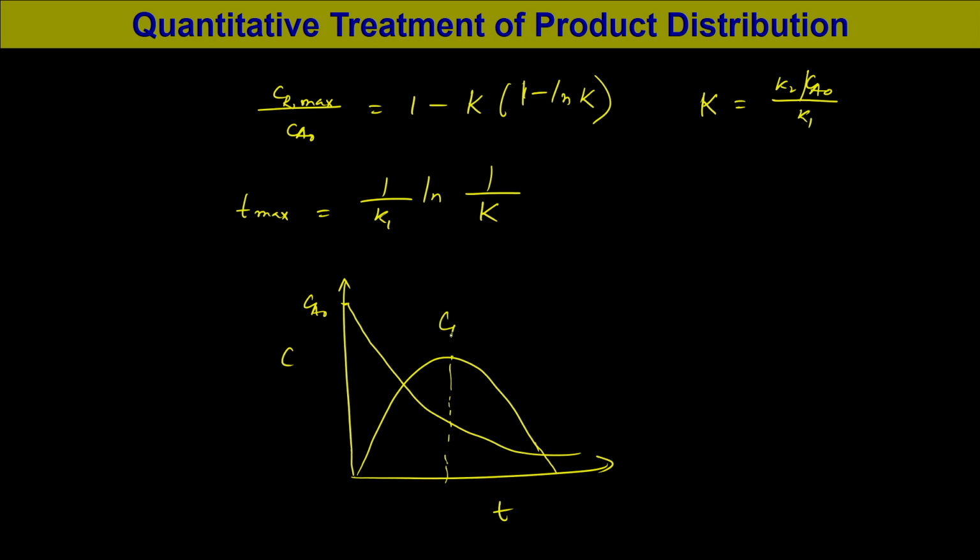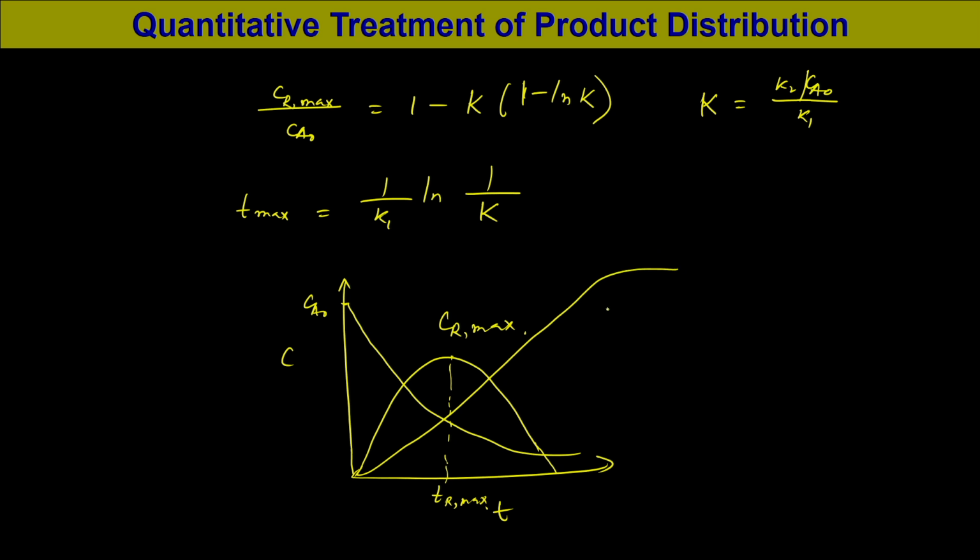This is CR max, and this is the T R max. Then the concentration of S, which is a zero order reaction, will vary like this and become constant.